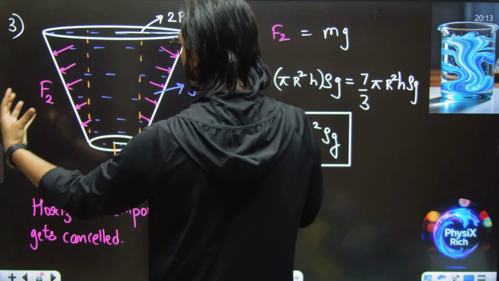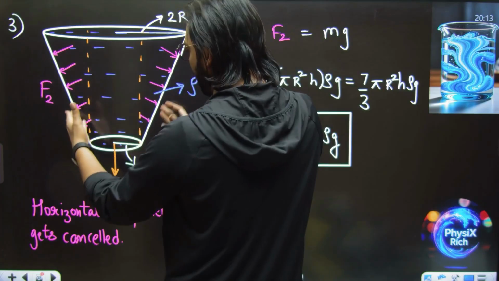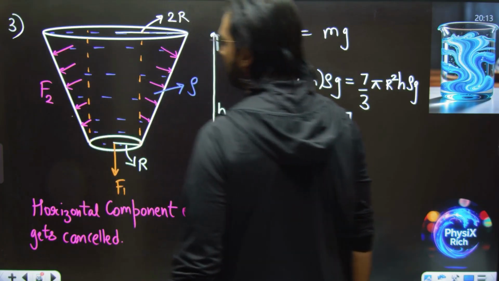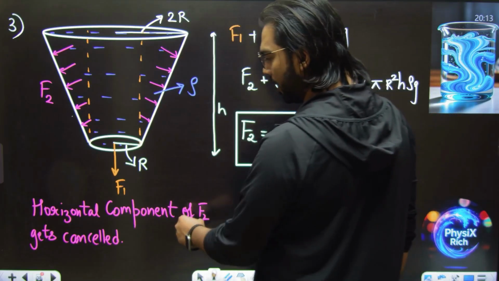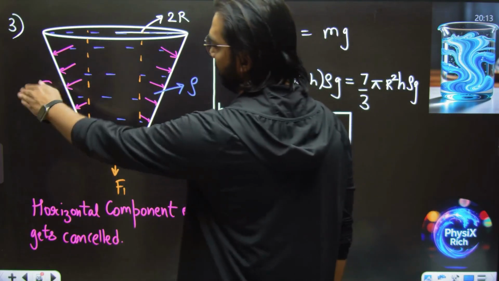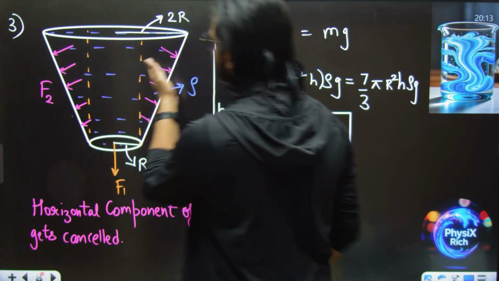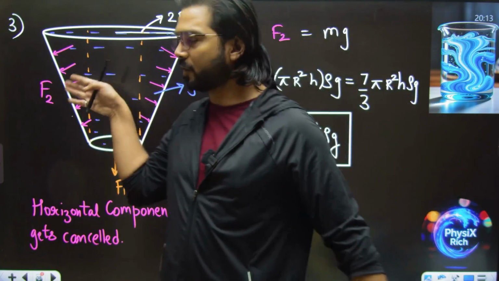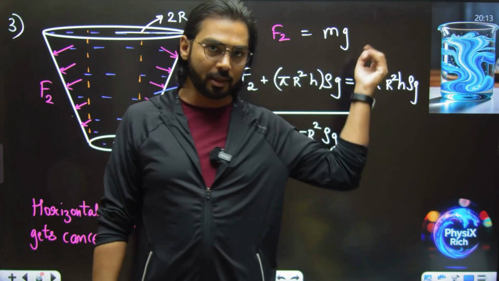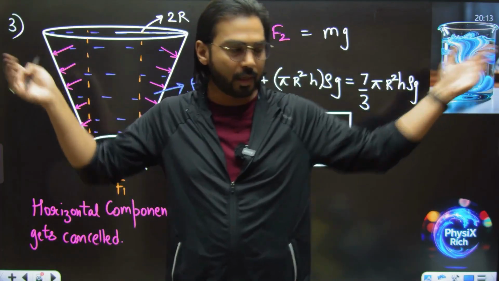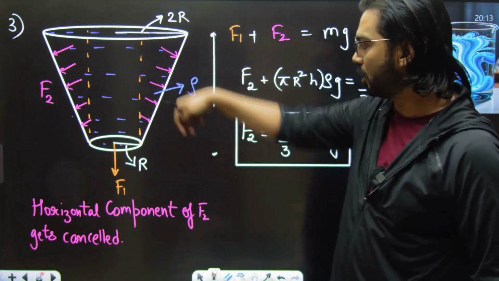And Newton's third law says that the liquid will also experience the same force because of the walls of the container. The horizontal component of F2 gets cancelled. This F2 is acting in this direction. This will have a component over here and this will have a component over here. So you see this component and this component, they get cancelled. We only are left with the vertical component of F2.